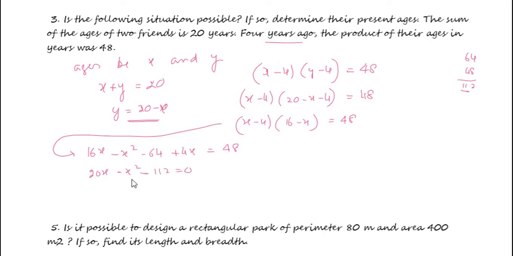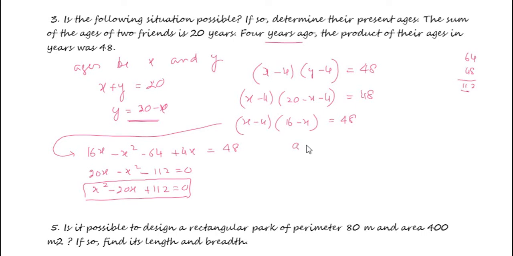Now multiplying all the terms by minus 1, it becomes x square minus 20x plus 112 equal to 0. This is the quadratic equation which we need to solve, or first find out whether it has roots.